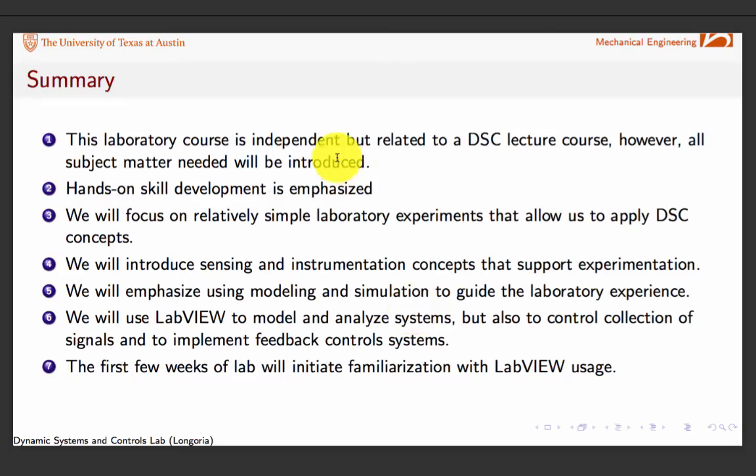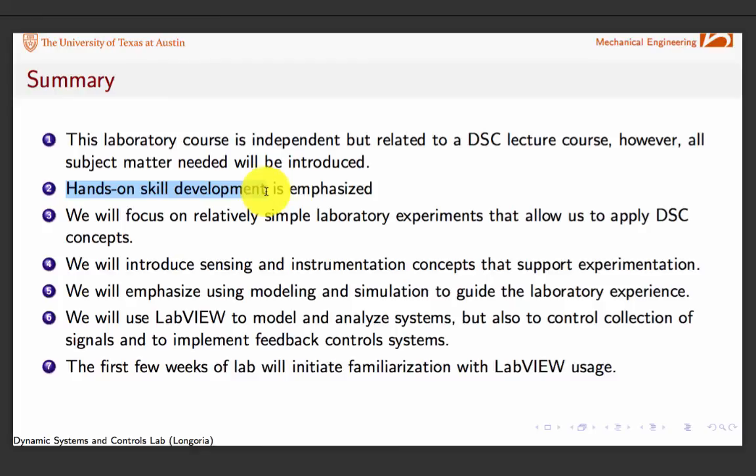And in summary, I emphasize, you'll be introduced to concepts from your DSC course maybe in a different way, and primarily focus on applications to the different laboratory experiments that we handle. We emphasize hands-on skill development.